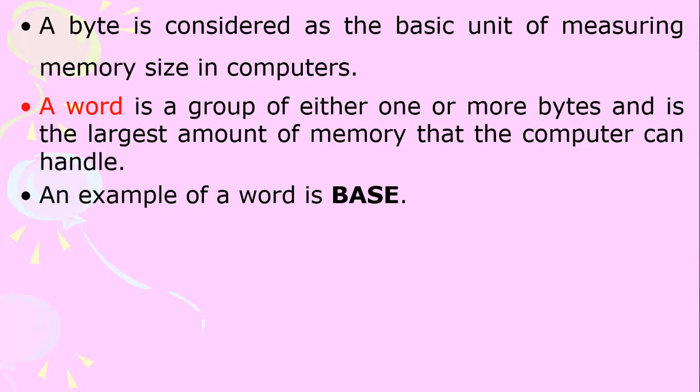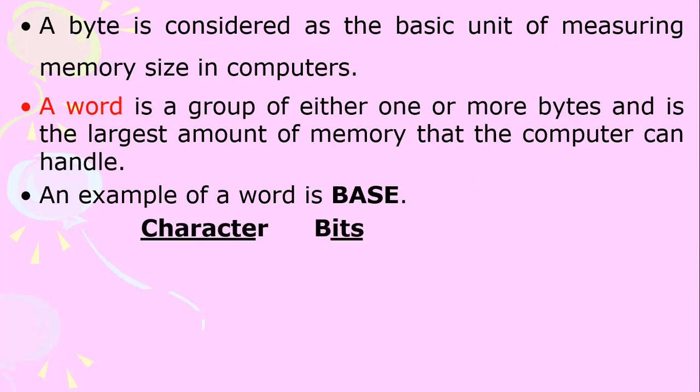Base is a word composed of 4 characters. Character B, character A, character S, character E. Or for those modern kings, we can say it is character B, character A, character S, and character A. Base.